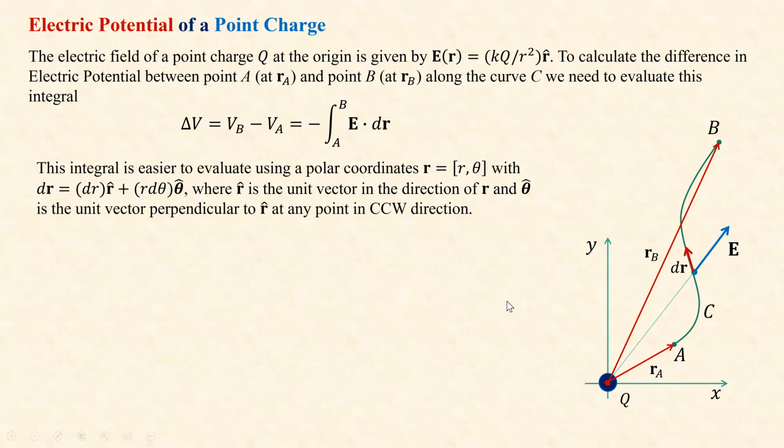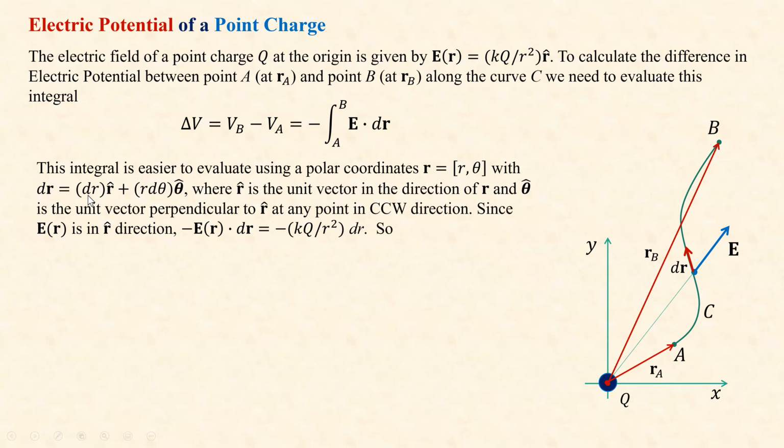Okay. So now that we have that, what is E dot dr? This is E. This is dr. We want to make a dot product of these two. So E dot dr becomes KQ over R squared dr, because you see R hat is everywhere perpendicular to theta hat. So R hat dot theta hat is 0. R hat dot R hat is 1.